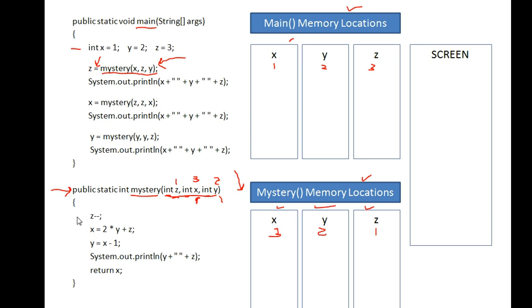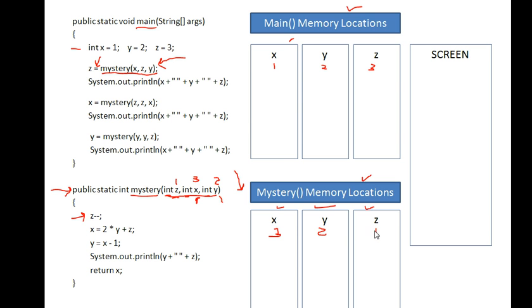And so now down here we're going to start using these parameter variables. And so z is decremented by 1. Not the z up here in the main method, but the z that is local to the mystery method, which is what we're executing right now.